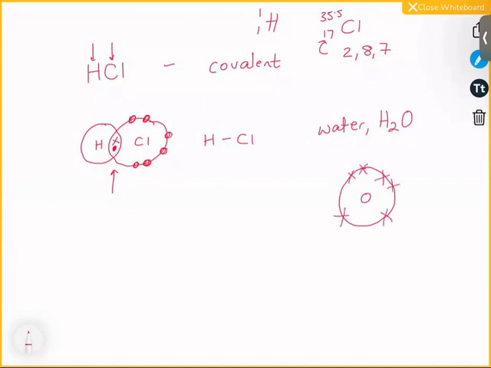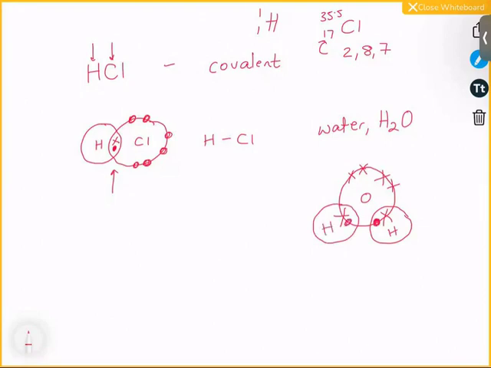Now oxygen needs another 2. So it's going to have 2 hydrogens that come and overlap, each one with one of the electrons, because the hydrogen gives its 1 electron into the shared area. That hydrogen is now happy, it's now got 2 electrons. So it has another hydrogen that does exactly the same.